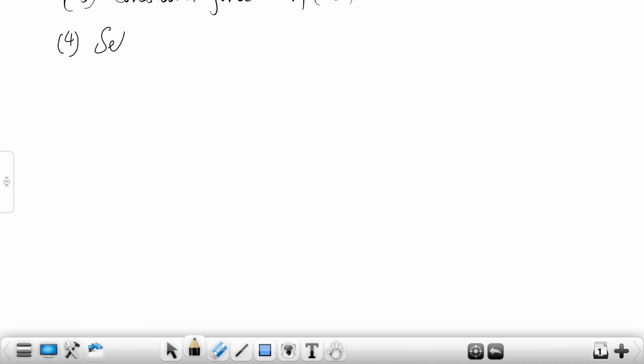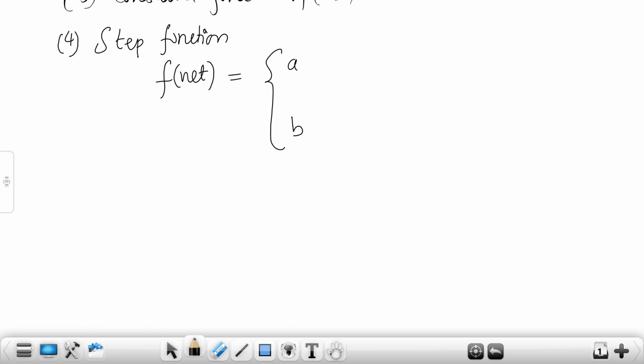Fourth one, step function. What is the step function? F of net equals a and b. Let's say if net is less than c, it is a, and if net is greater than c, it is b.